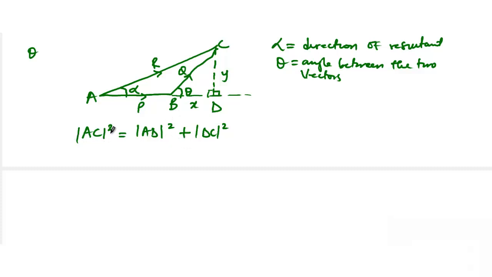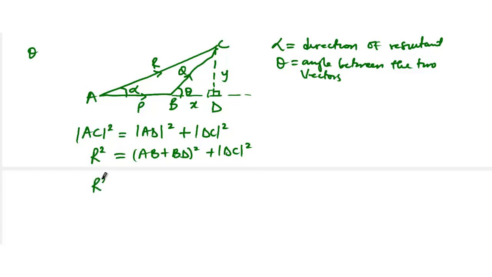So if I want to rewrite this, R square will be equal to, what is my AD? AD is AB plus BD, then everything square, plus DC square. So AC is actually R square.